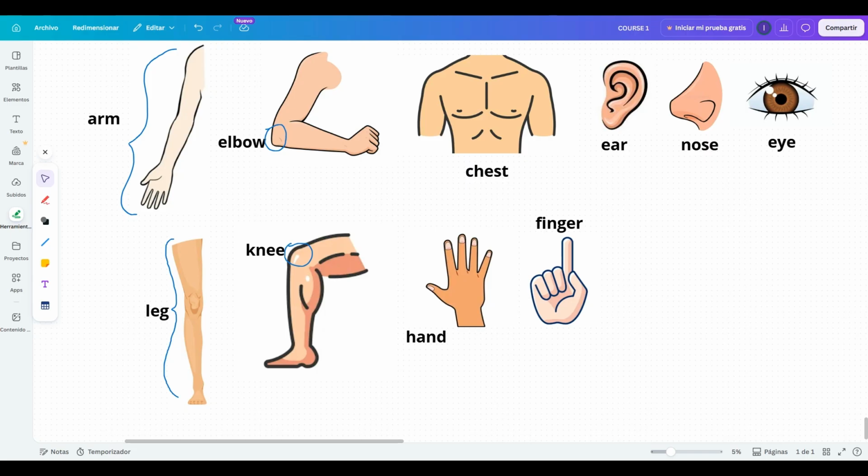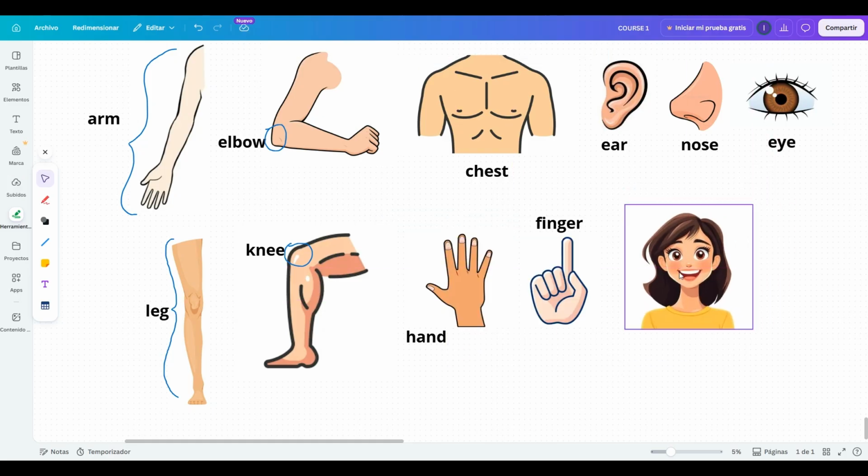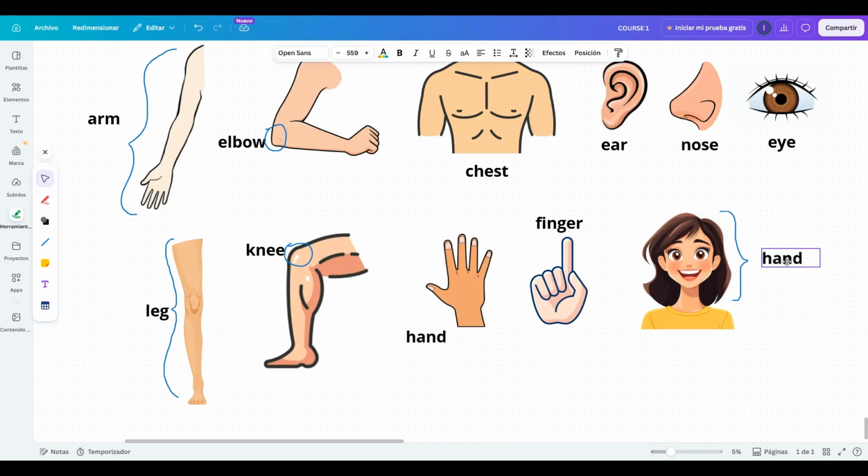Next. Finger. Please, in this part, look at this picture, please. What can you see here in this picture? Well, you can see this thing, right? This is a head. But more specific things, like this is hair.